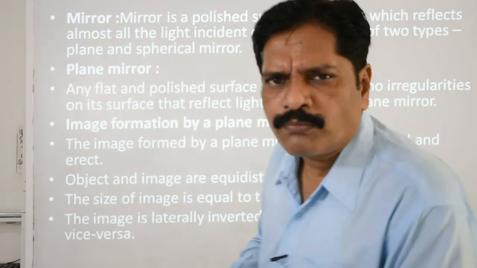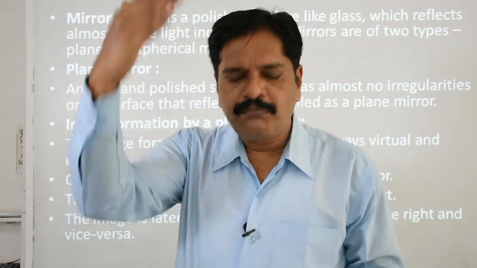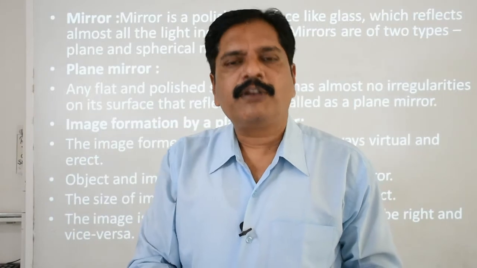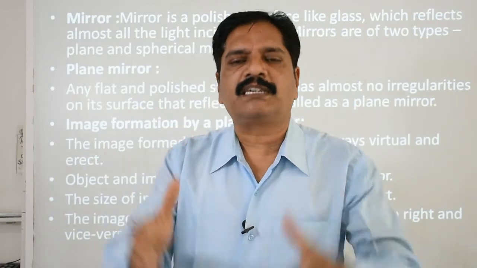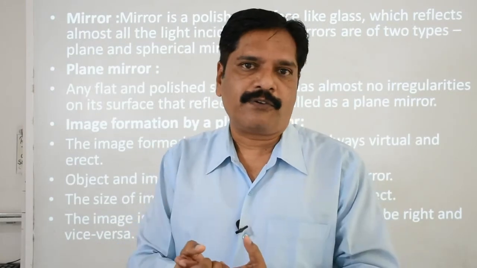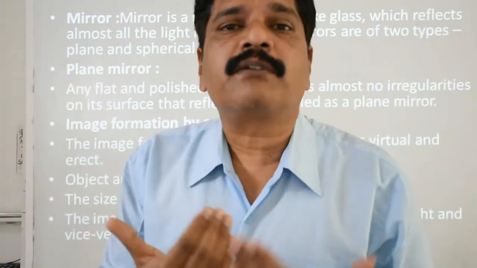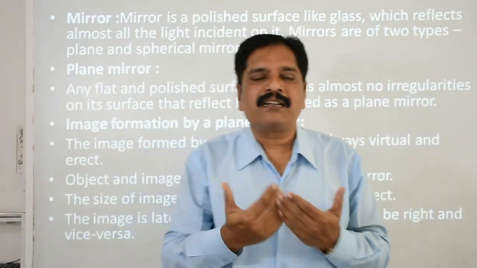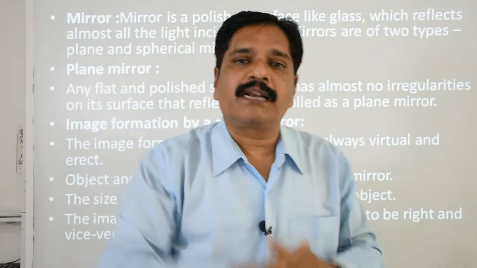Have you ever observed yourself in the mirror? Okay. When you stand in front of a dressing table or the almirah's mirror, then you observe yourself. When you come close to the mirror, you observe that the image also comes close to you. When you go back, the image also goes back. Clear?